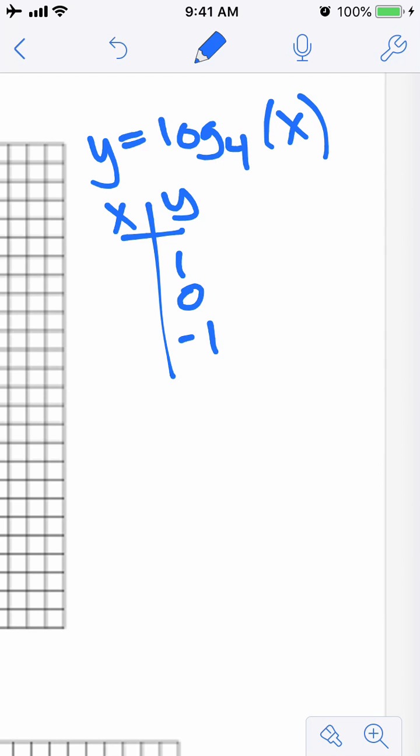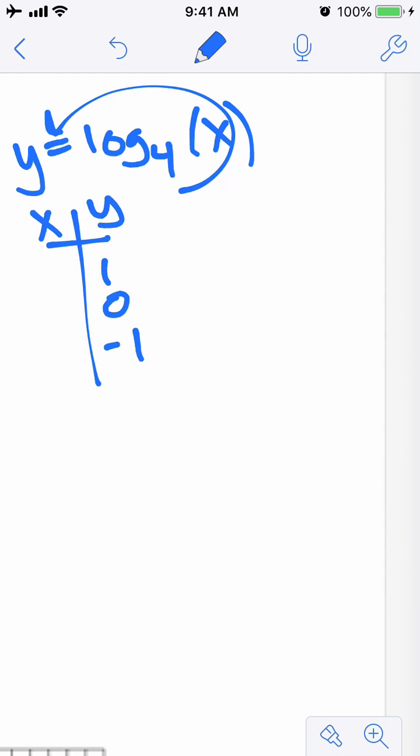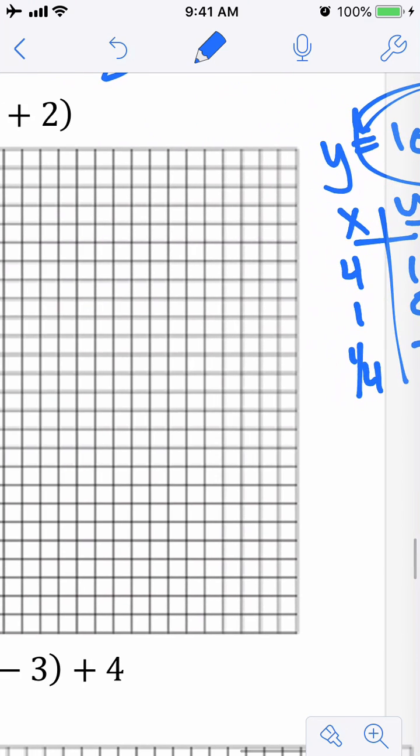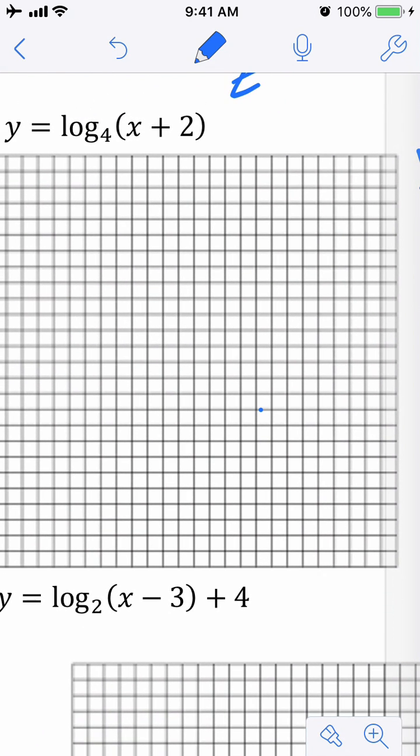Again, you can technically choose whatever you want, but you got to choose both sides, or you're not going to get both. All right, log 4. Let's see. Convert this. You get, I'm sorry, this way. 4 to the y equals x, so 4 to the first equals 4, 4 to the 0 equals 1, 4 to the negative first equals 1/4. Cool, I have enough information to graph this now.